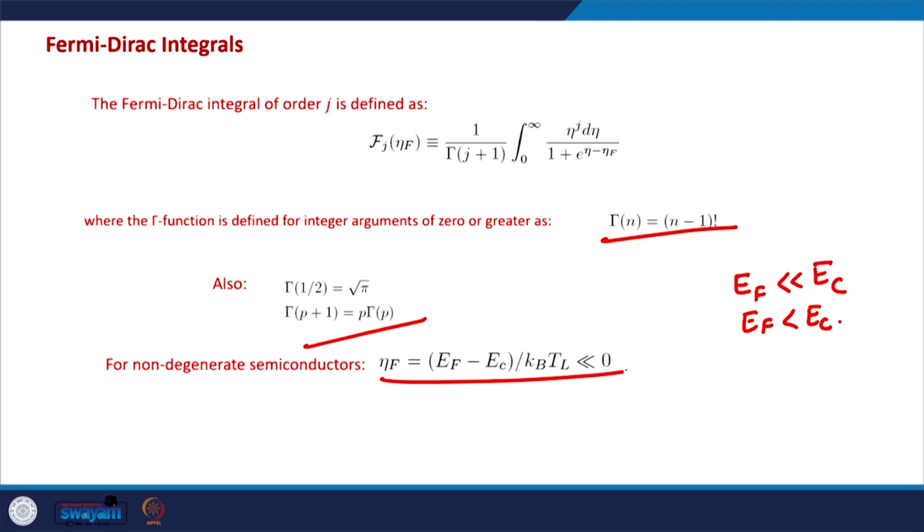Which in other words is written as EF minus EC over KT being less than 0, much smaller than 0. And if you remember, this is what the parameter eta f is.